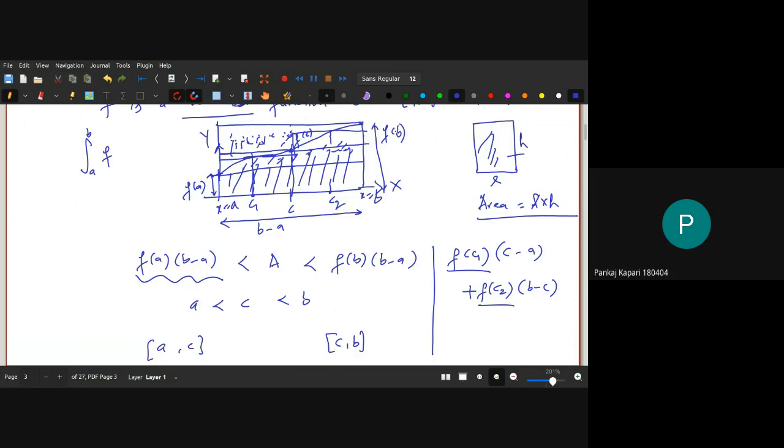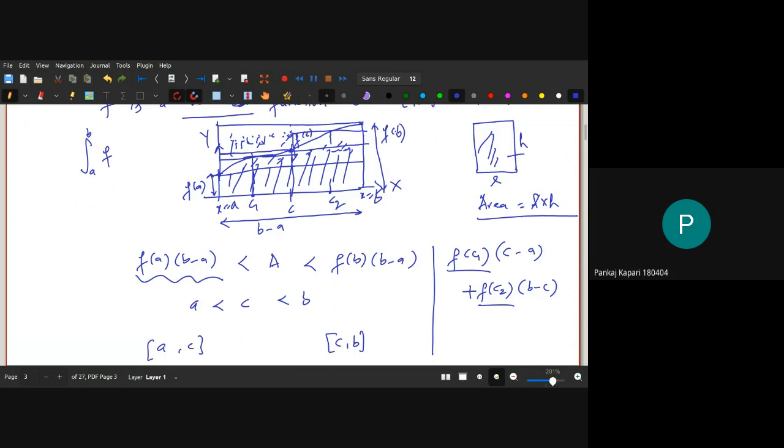Before, a lot of part was outside, but now some part from the outside came inside the interval, right? We have counted more, we have measured more, which was below the curve, and we have measured less, which was above the curve, right? So our error must decrease in this way.